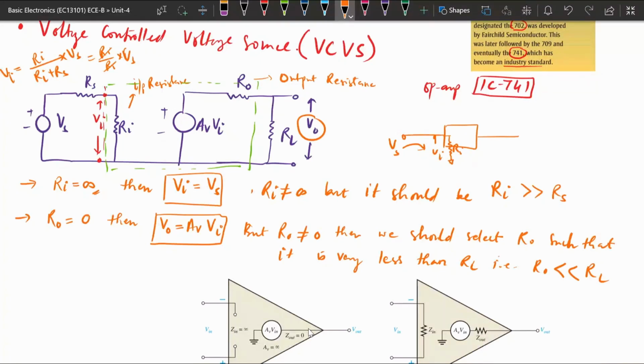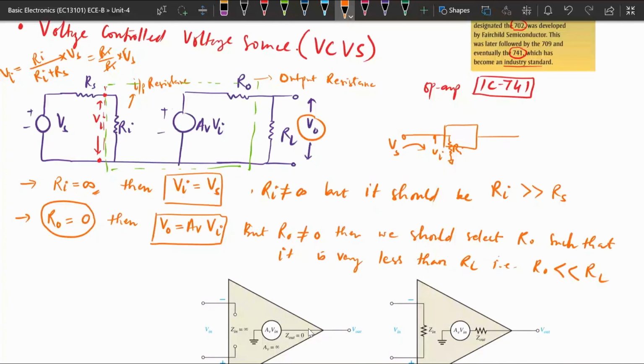If input resistance is very high compared to Rs, then whatever input voltage Vs we apply will appear at the input of the voltage amplifier. Similarly, at the output, the output resistance of the voltage amplifier should be very less than the load resistance we are applying.